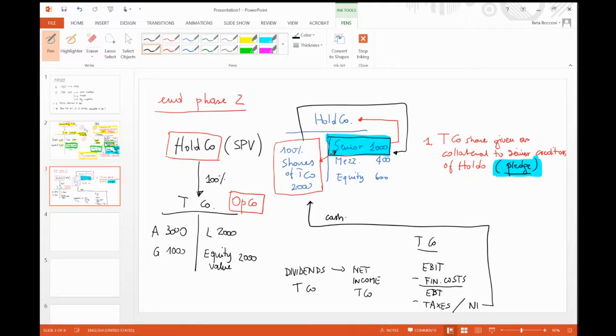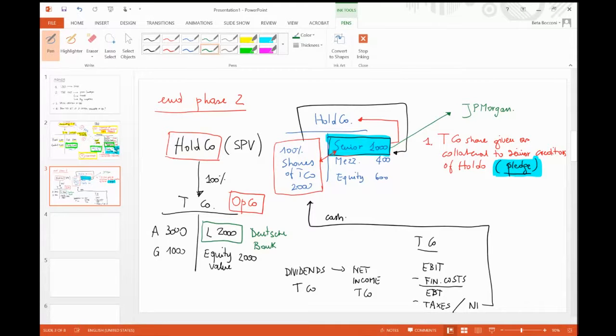Super easy. But now, assume that the original creditors of TICO were represented exclusively by one bank, say Deutsche Bank. Assume now that the financing of the acquisition, so the senior debt, is represented by another single bank, say JP Morgan.